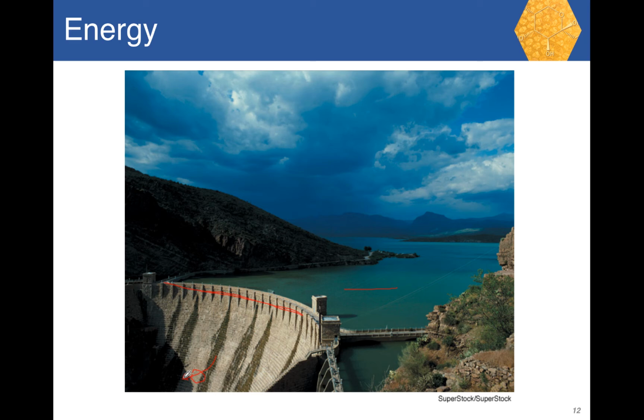That's how you get hydro energy, by turning a turbine, because the water is moving. You should be able to look at any example of energy and determine if it is kinetic energy or potential energy.